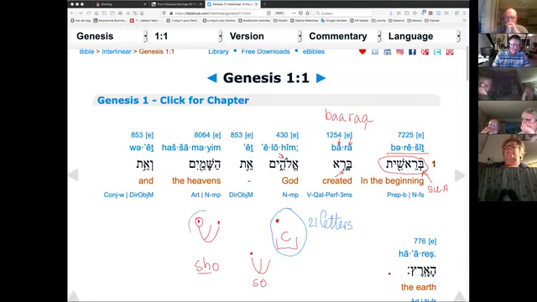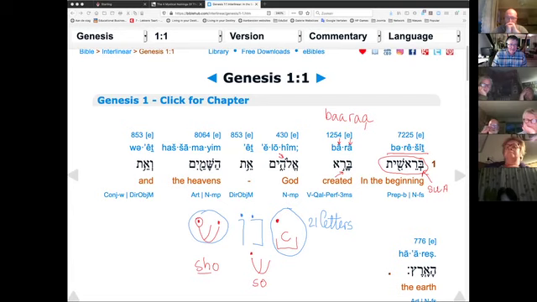Only with the shin you can get trouble, and with the vav it is in the middle, but that's because it's the vav. And in the noon it's also a little bit to the left, but the vav it's in the middle. So you have to pay attention to this little dot at Elohim, because when you go back to normal text you can almost not see it. Well, you can study this later because it's already 9:15.